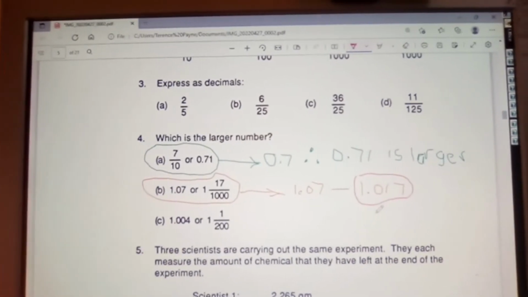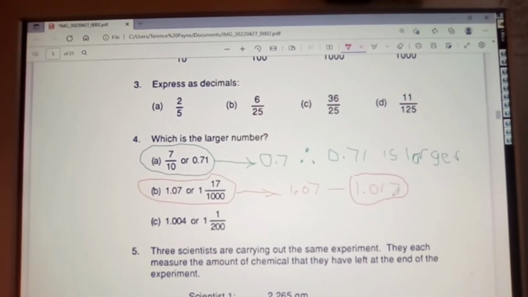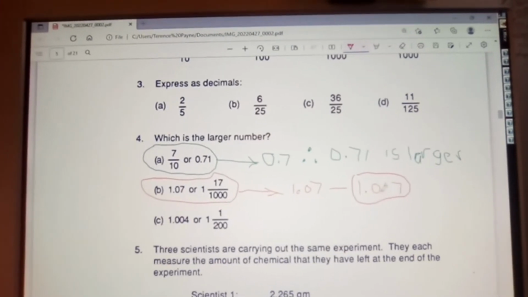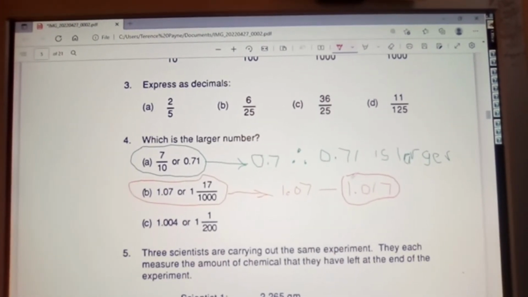No, it's not. Sorry. No, it's not. 1.07. Sorry, my mistake. My apologies. And again, I will not edit my mistakes. So let me just go to my rubber. Take him out. That will not be larger. This will be larger. 1.07 is larger.